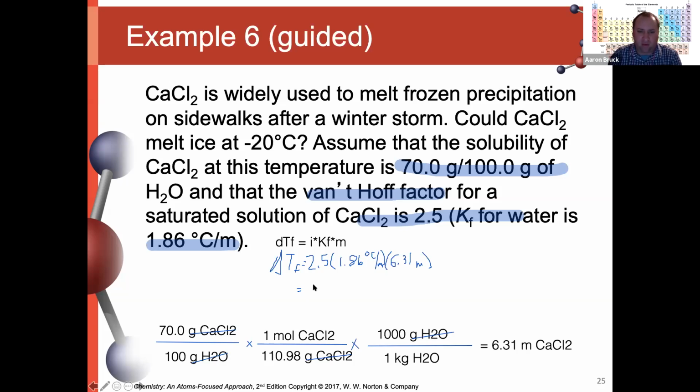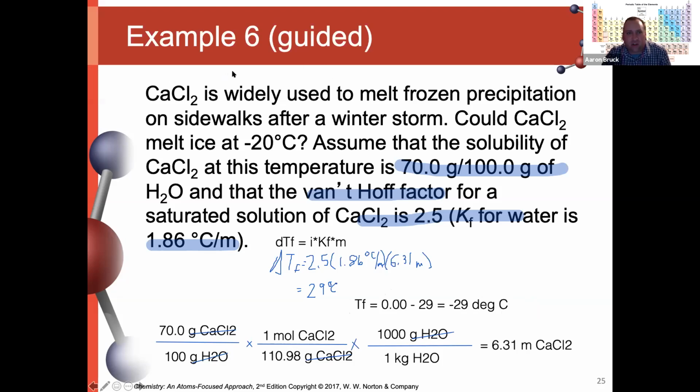I get a freezing point depression of 29 degrees Celsius. Now remember, for freezing point depression, to find the freezing point, we have to take the normal freezing point, which is 0, and subtract our depression. And that would give us a freezing point for this solution at negative 29 degrees Celsius.